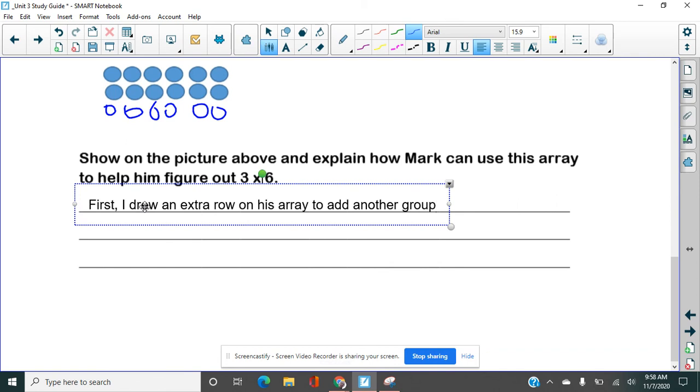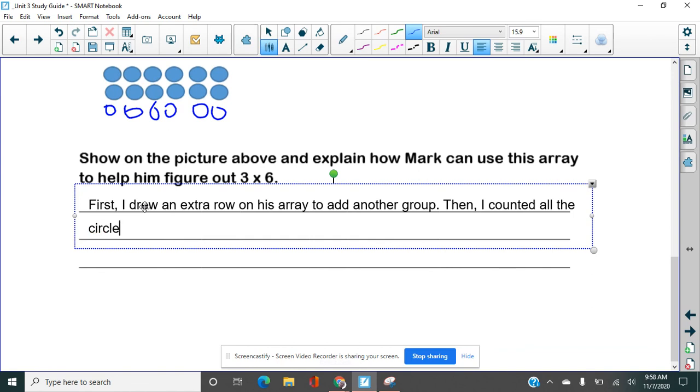That was one of our strategies, add another group. Then I counted all the circles. Don't forget to put your answer. My answer is 3 times 6 equals 18. Okay, that's how we would explain that.